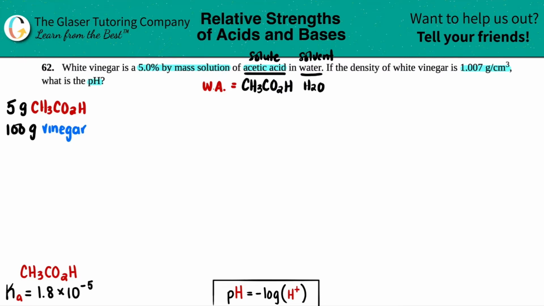We don't use ice tables for strong acids or strong bases, but I know that I'm setting this up for an ice table. And if we're doing an ice table, do you know the only unit that's allowed? Molarity. So we have to use a molarity, and maybe I'll put that over here. Before I even do that, I just want to say that, once again, this is the solute, and this is the solution.